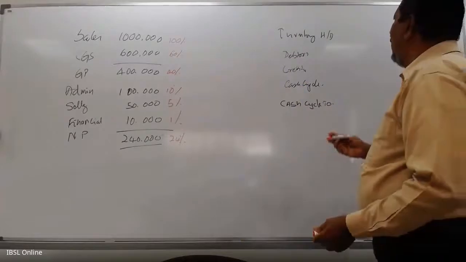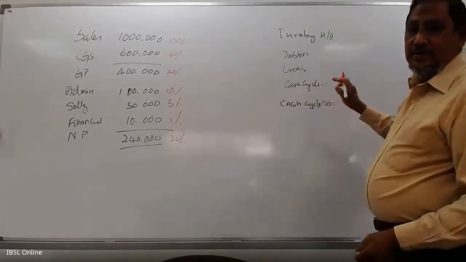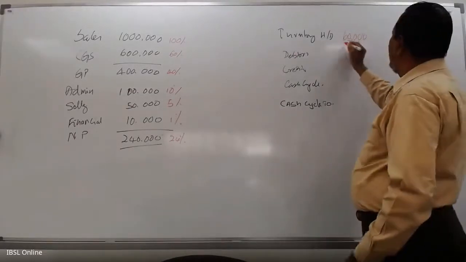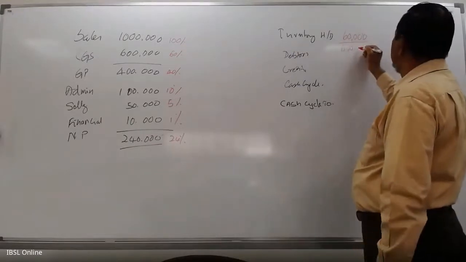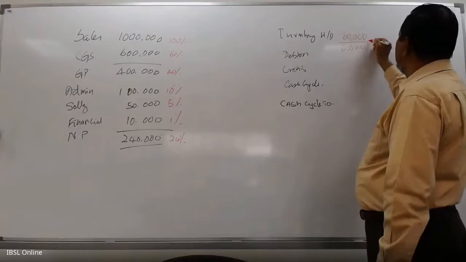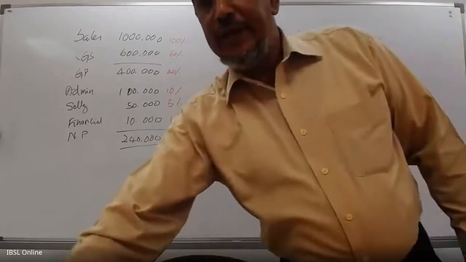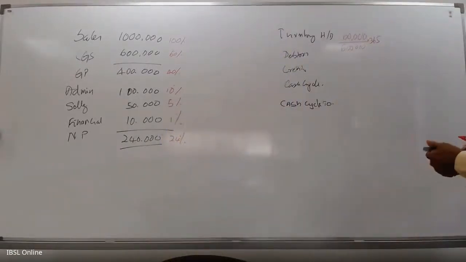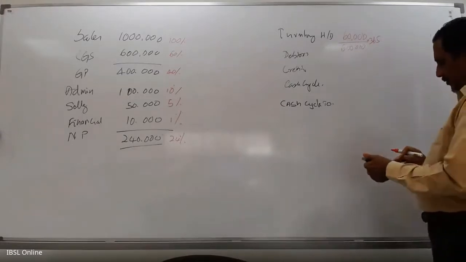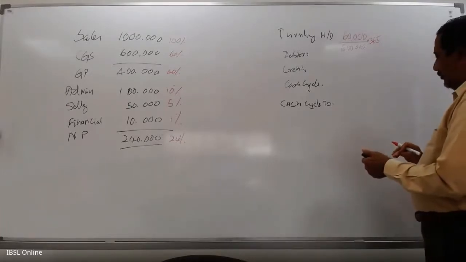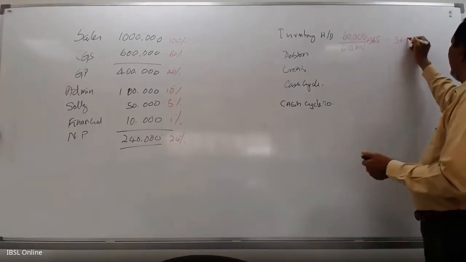Stock holding period: stock 60,000 divided by cost of goods sold 600,000, into 365 days, equals 36.5 days.